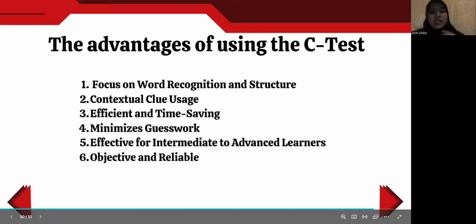Okay, next is the advantages of using the test. The first is focus on word recognition and structure. This test specifically targets a student's ability to recognize and complete words based on their knowledge of word structure and context.